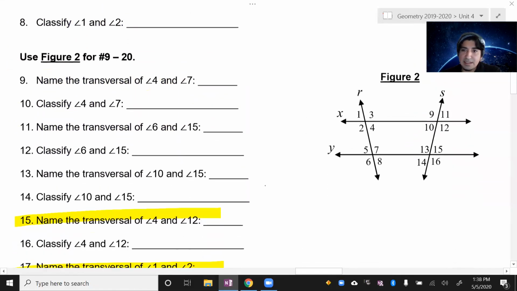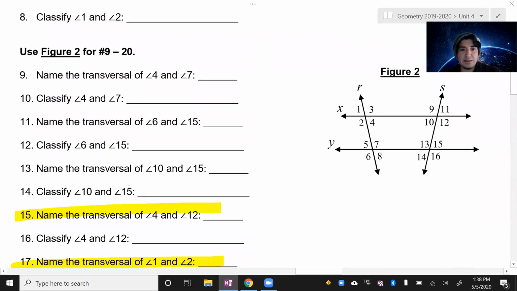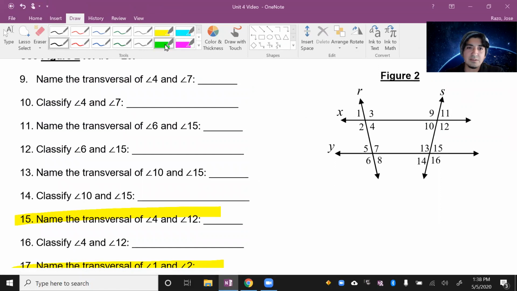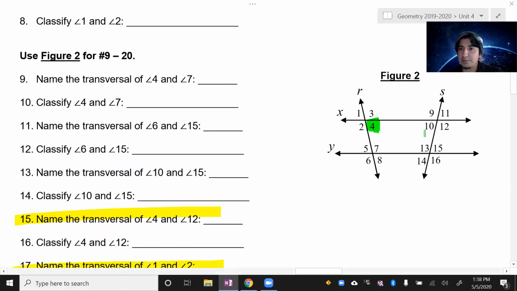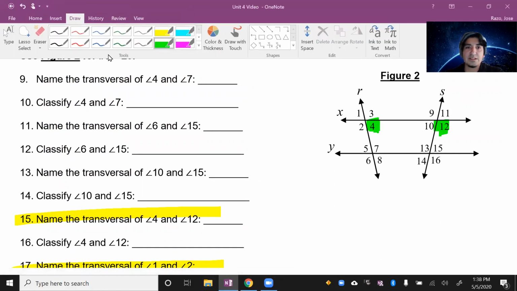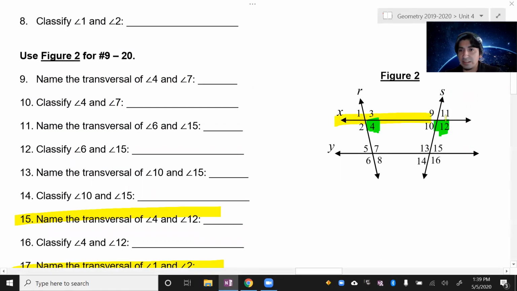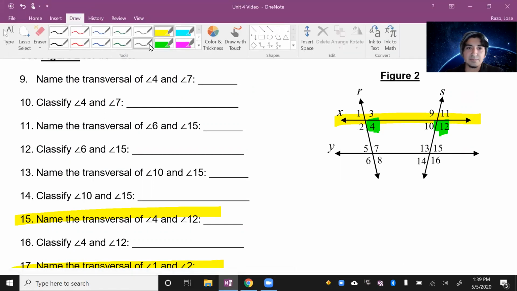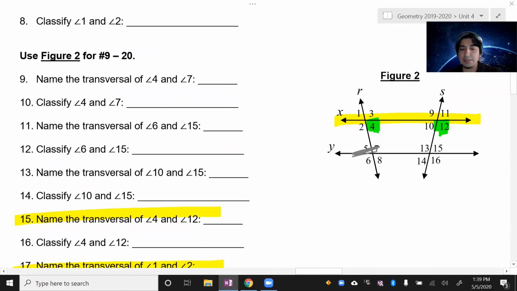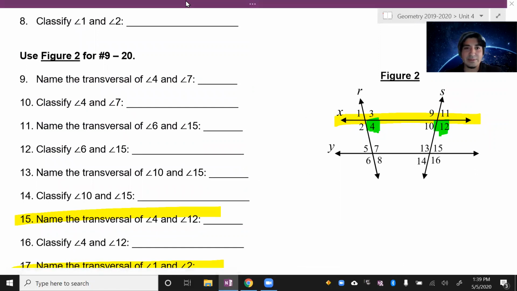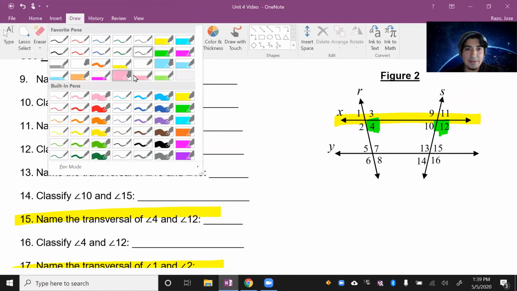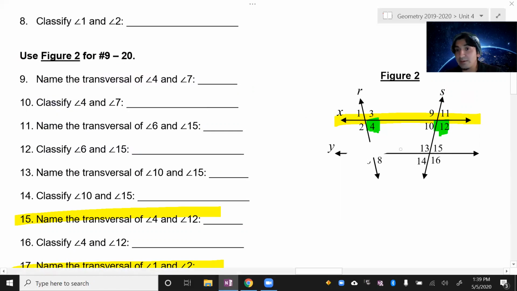Okay, now let's go to this situation. Name the transversal of angles 4 and 12. So I'm going to go with 4, and I'm going to go find 12. I'm focused on those two, and I'm looking for the pairs of angles. Let me get rid of this because I'm not focused on that anymore.